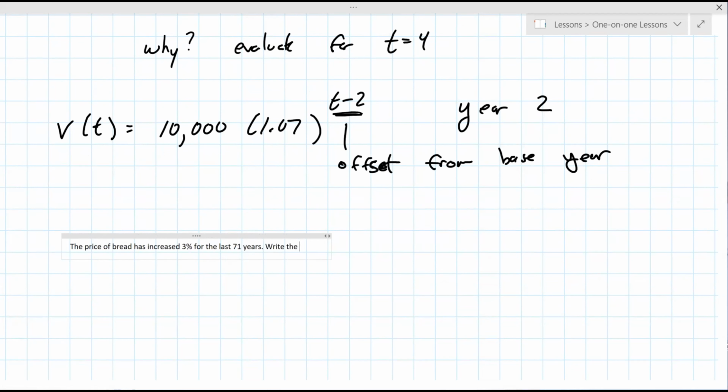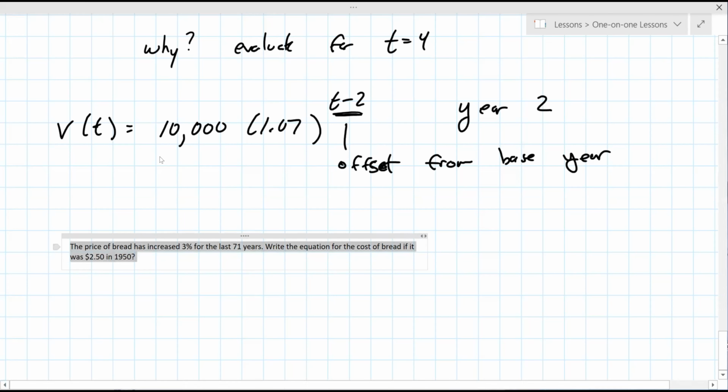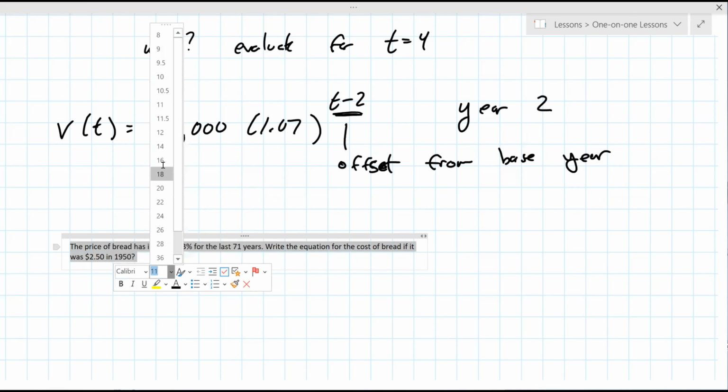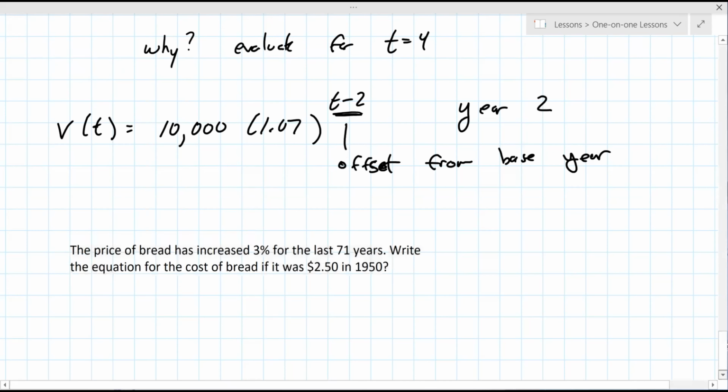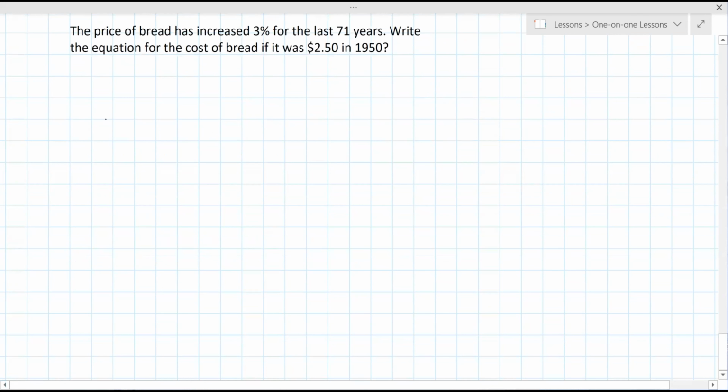Write the equation for the cost of bread if it was $2.50 in 1950. Let me just make that a little bigger in case it's hard to see. Okay. So the idea here is that the price as a function of time started out as $2.50. It goes up by 1.03.